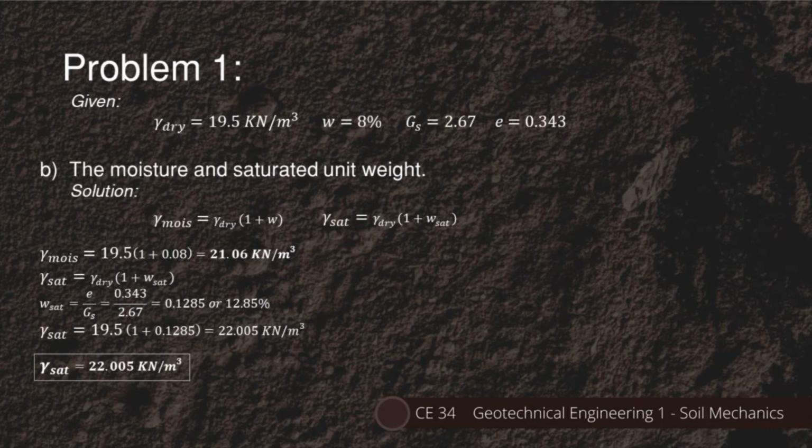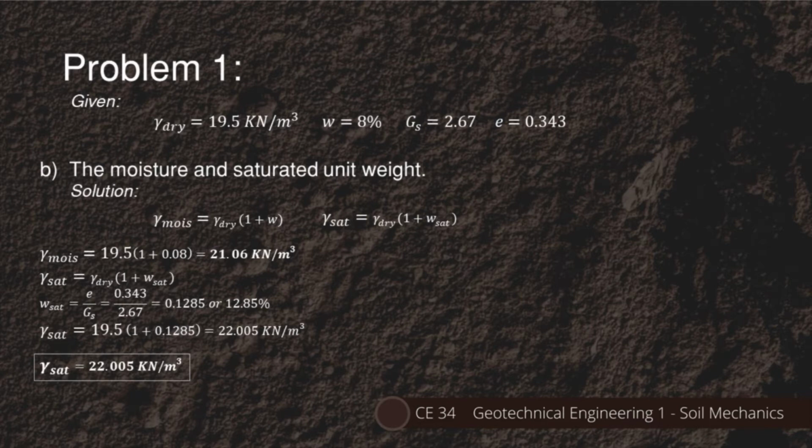After solving the unit weight of moisture, we will now solve for the saturated unit weight, which is equal to the dry unit weight times 1 plus the saturated water content. First is we will solve for the value of the saturated moisture content or water content.